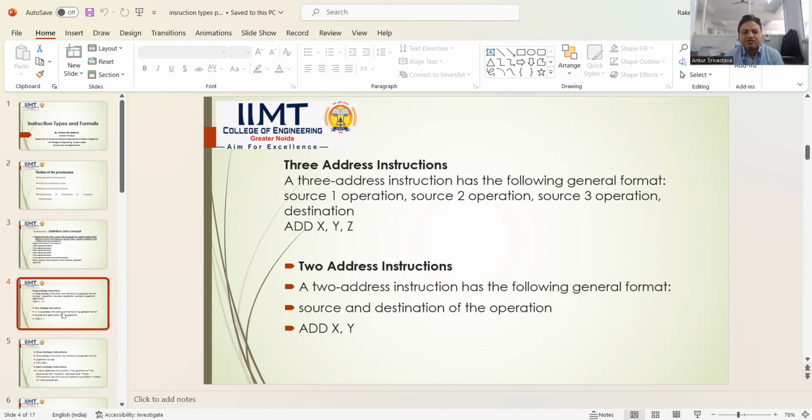Now, the next one is the 2 address instruction. A 2 address instruction has the following general format: source and destination through which we can do our operation.